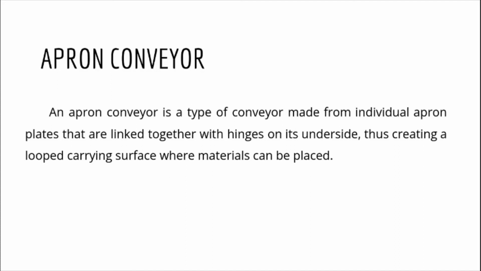It plays a vital part in several industries by being used to move different materials from one location to another. This type of conveyor is used to deliver a large number of materials across several phases of production and is particularly useful for transporting huge and heavy materials.